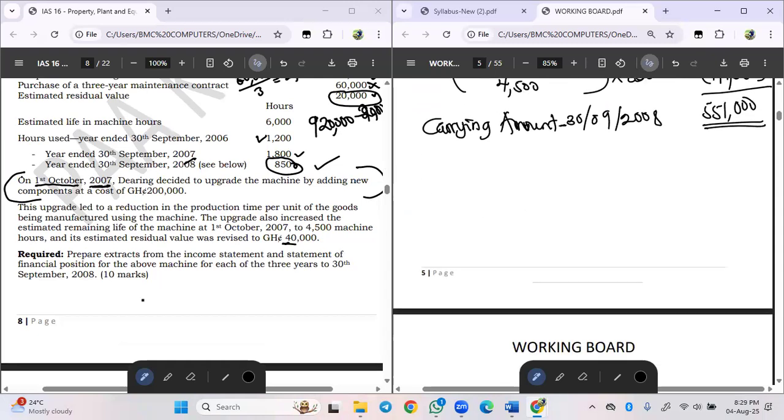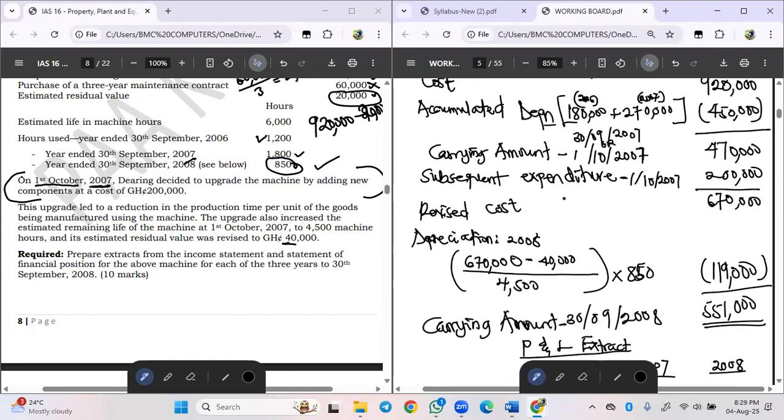So let's prepare the extract. First of all, P&L extracts. So the year we have 2006, we have 2007, we also have 2008. Now the depreciation will come.